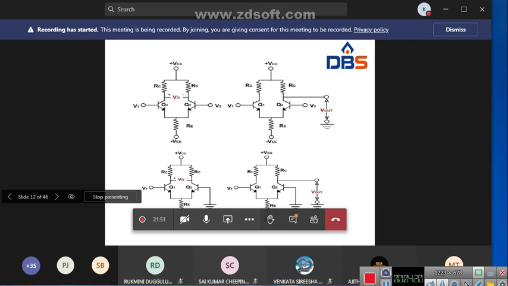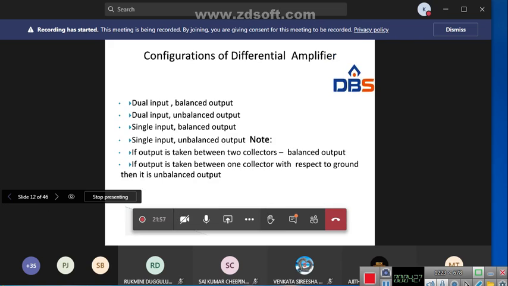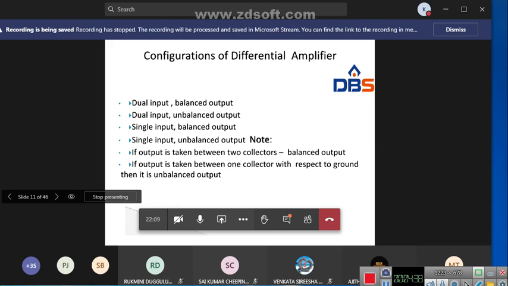This type of circuit is called dual input balanced output. If the output is taken between two collectors, that differential amplifier is called a balanced output differential amplifier.